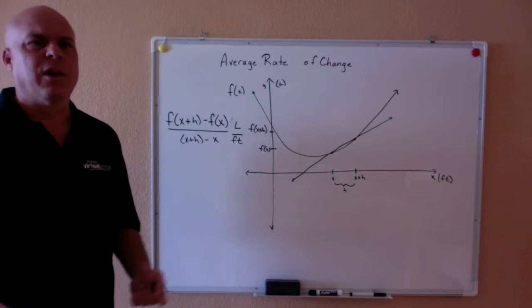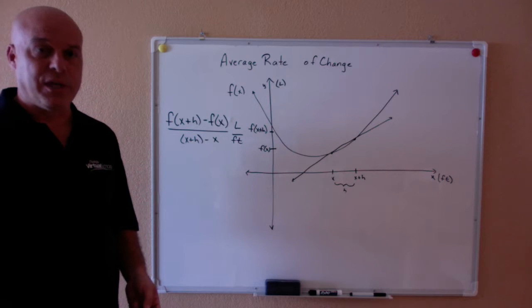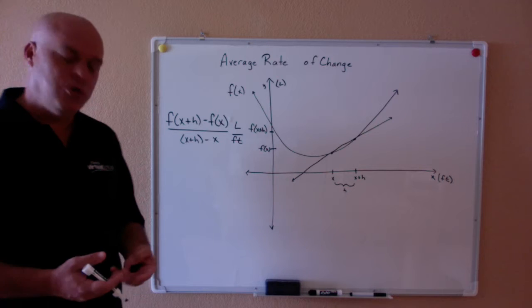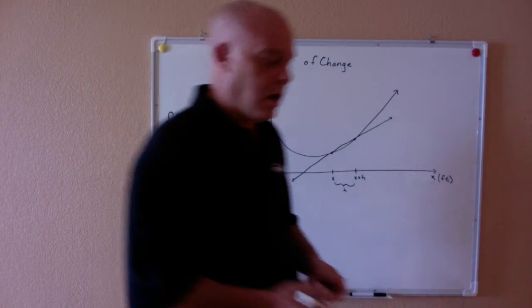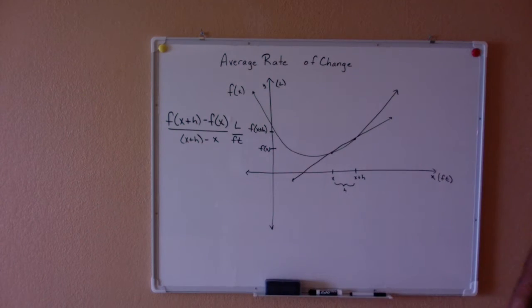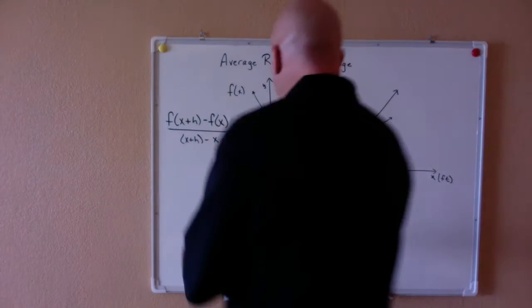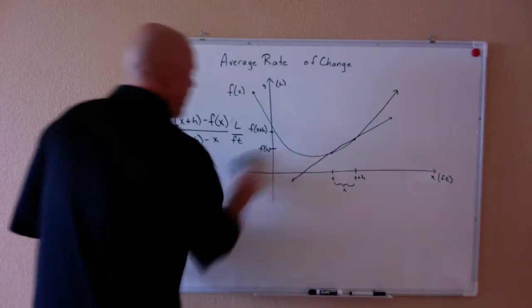So let's take a look at some specific examples of finding average rate of change. I'm going to do one with an actual function, and then I'm also going to do one with a table of data. So let's take a look at a function first.